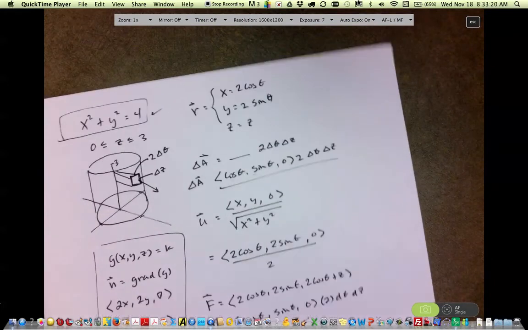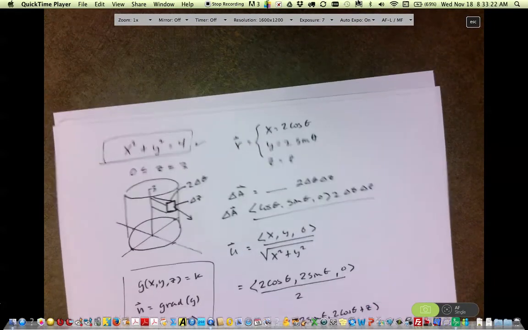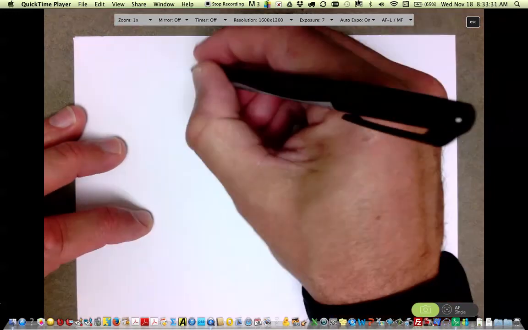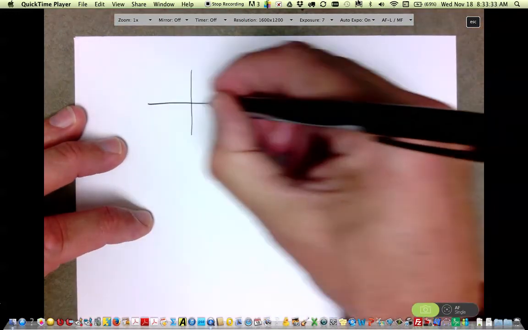So let's say that we have a cylinder that runs parallel to the x-axis. All right, so it looks something like this.